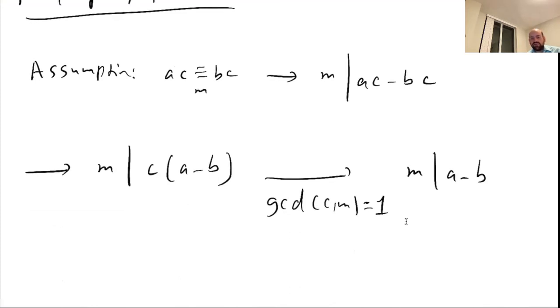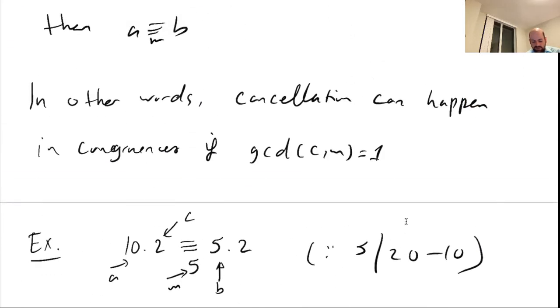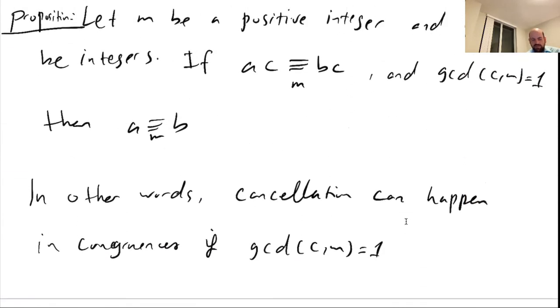So M divides A minus B by the lemma above. And M divides A minus B means what? Means A is congruent B mod M. M divides A minus B means A and B are congruent mod M. And that's what I needed to show, right? I wanted to show that A and B are congruent mod M.